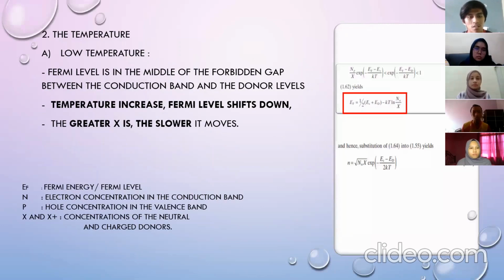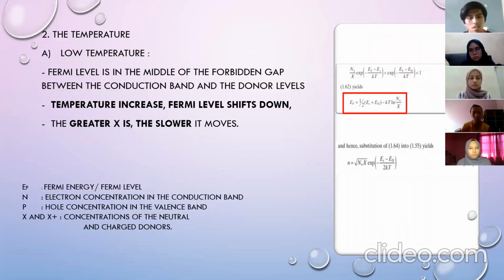The second factor is the temperature. As the temperature changes, it will affect the Fermi level between the conduction band and the valence band. At low temperature, the Fermi level is in the middle between the conduction band and the donor level. As the temperature increases, the Fermi level will shift down.